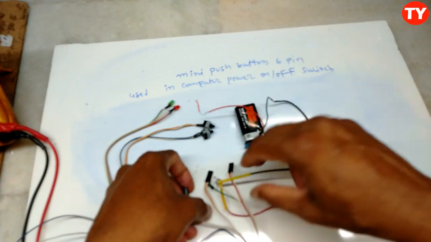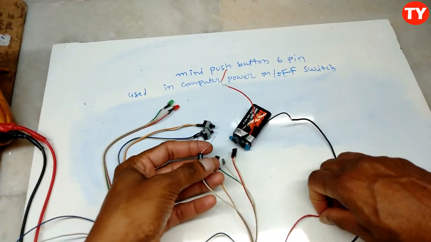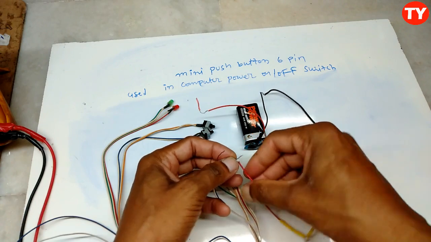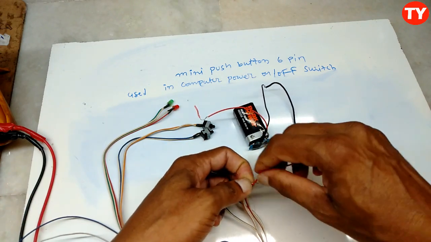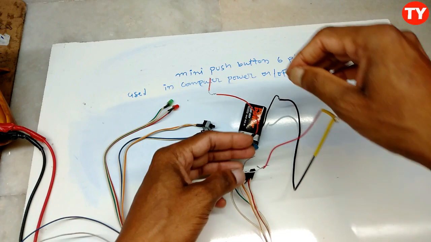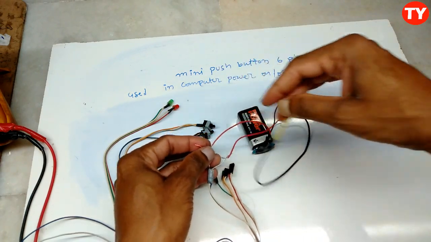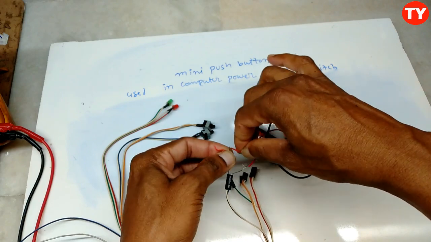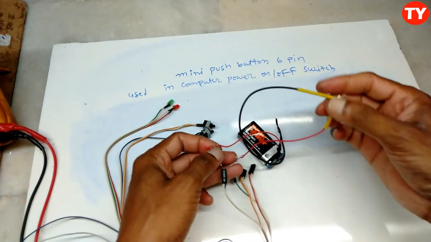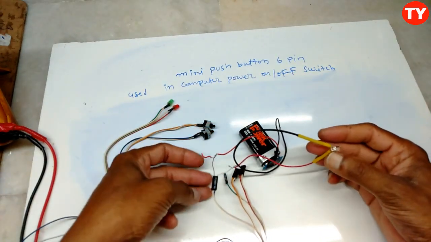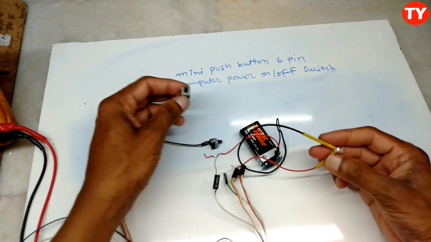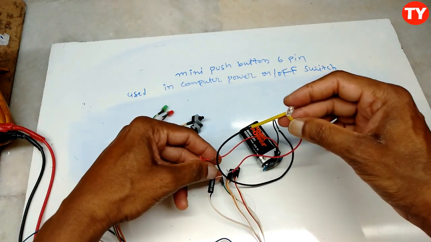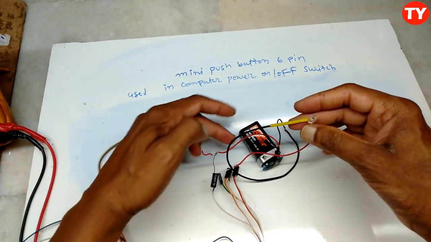Now this one is the continuity tester. We have to connect both. After that, the second pin also we have to connect. If the light comes, the switch is short. If the switch is short, the light will keep coming.